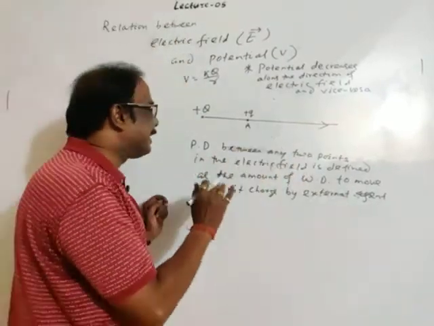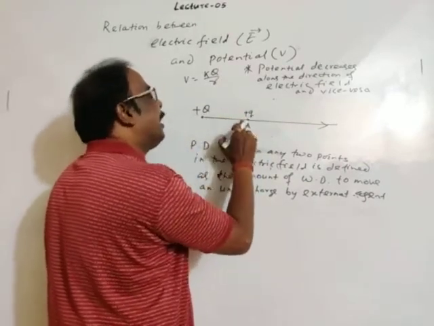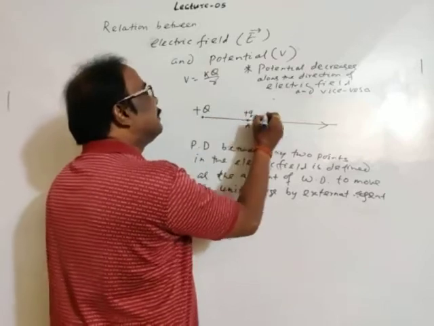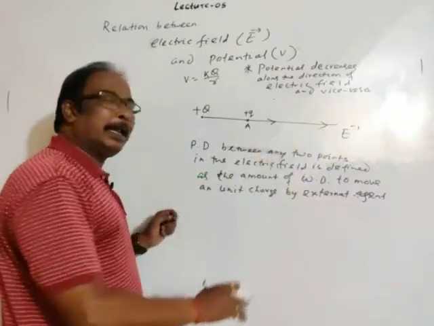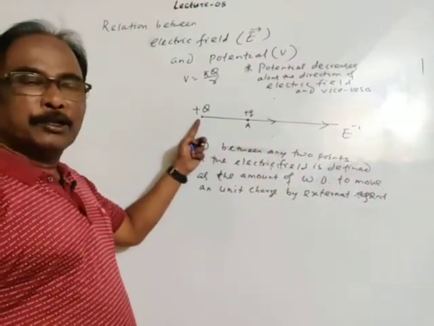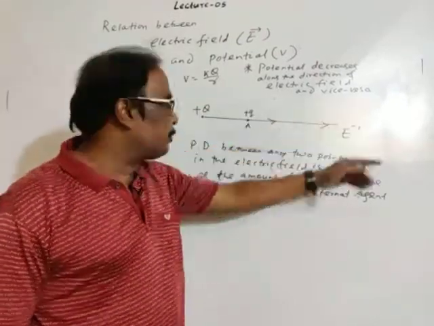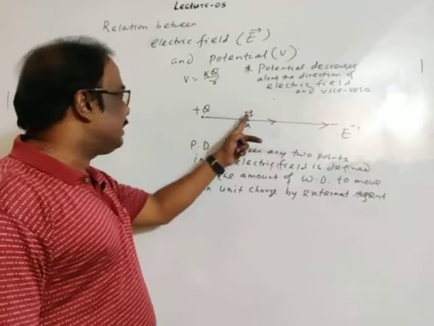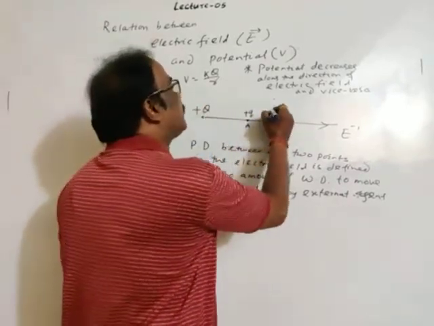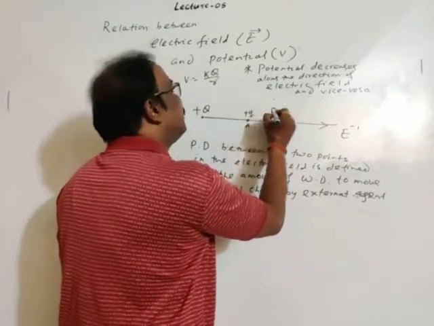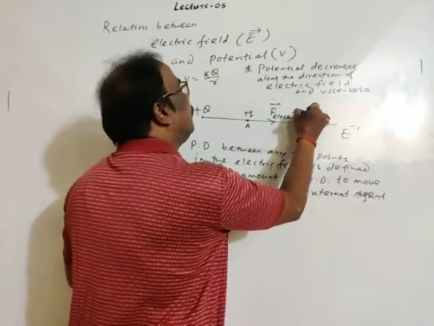Let's discuss it. If you place a unit charge or plus Q at point A, then it will experience a force along the direction of electric field. We have taken this as a positive charge, so the field created by it is away from the positive charge. This is also a positive charge, so it will be repelled by the field-creating charge. So the force experienced by this unit charge due to the electric field is equal to QE.